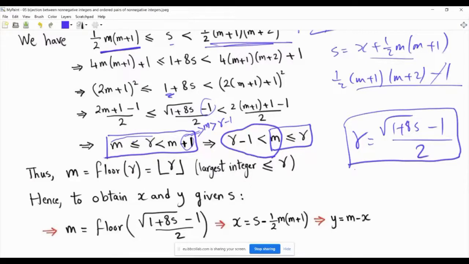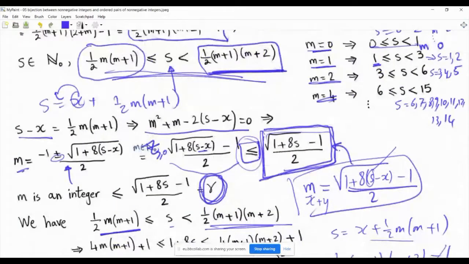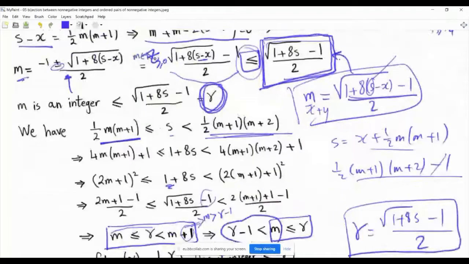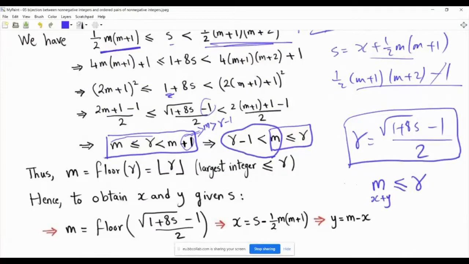This is very nice, because gamma is something that we can compute if we know S. Now you compute gamma, it is not necessarily an integer. However, we know that M, which is the sum of x plus y, is less than or equal to gamma, and this we know from the solution to the quadratic polynomial. We also know that M is strictly greater than gamma minus 1.